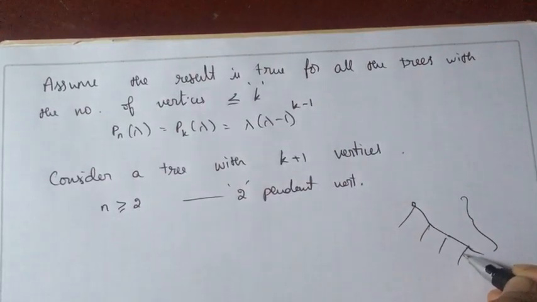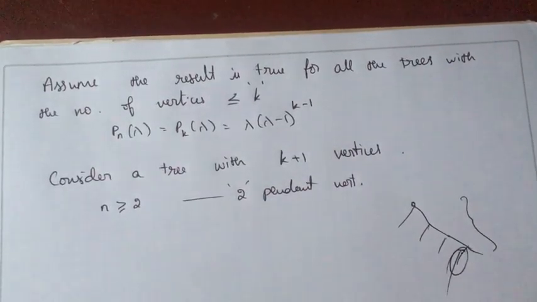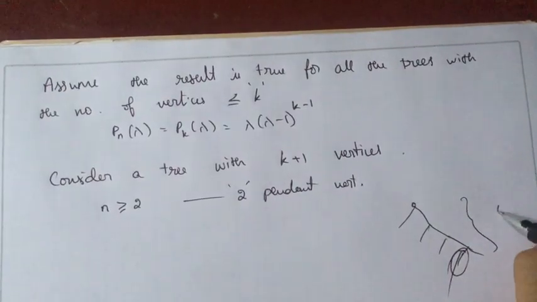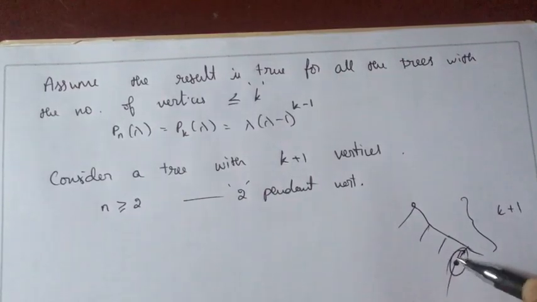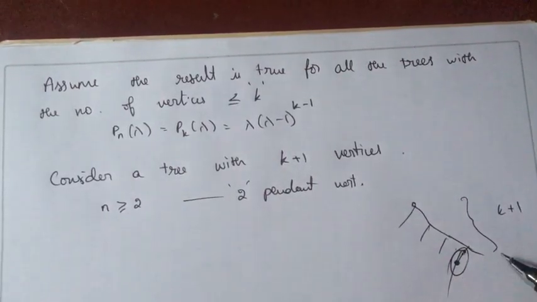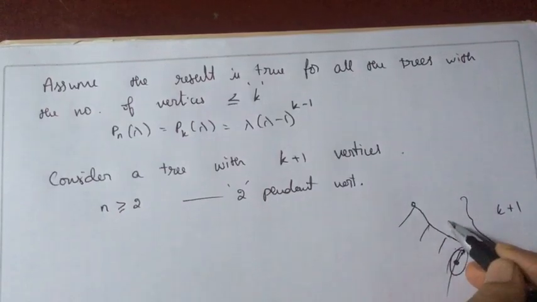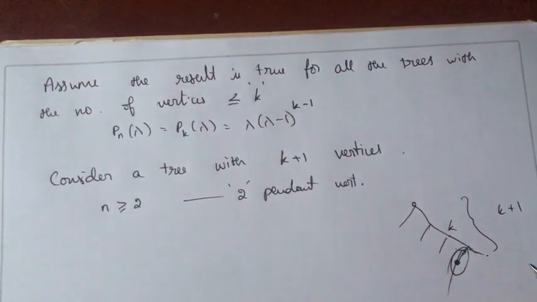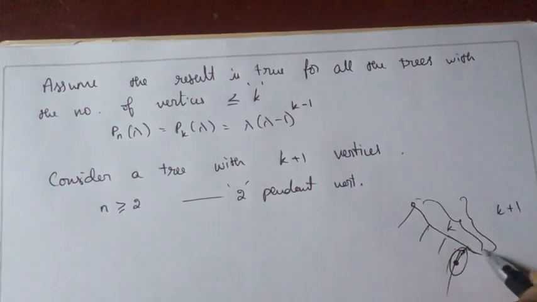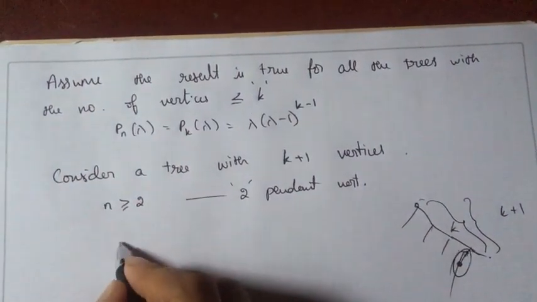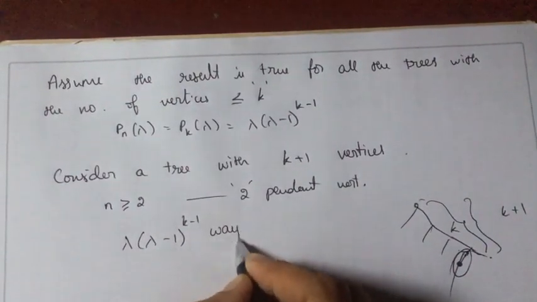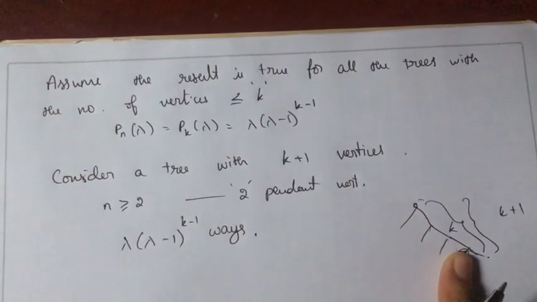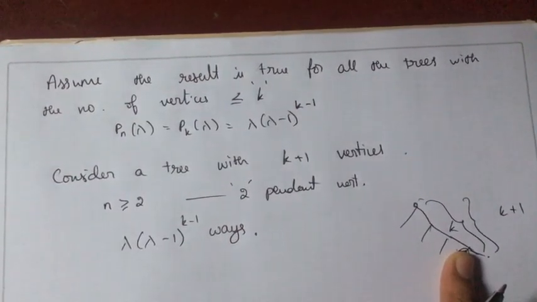Totally there were k plus 1 vertices, and when I remove one such pendant vertex along with an edge, I'm left with a tree which has only k vertices. So by the inductive hypothesis, this graph with k vertices can be colored in lambda into lambda minus 1 power k minus 1 ways, after removing one pendant vertex.